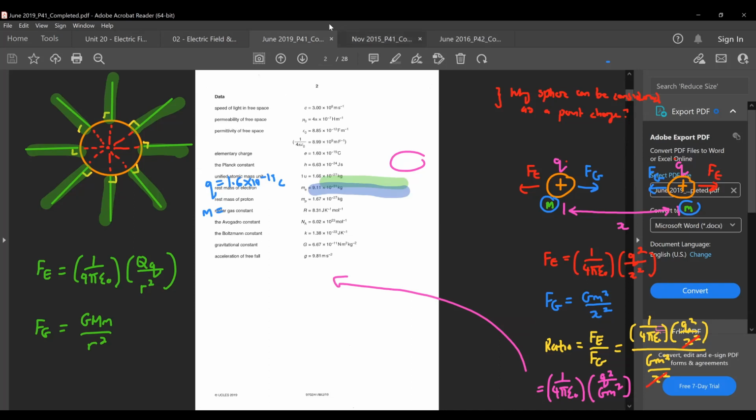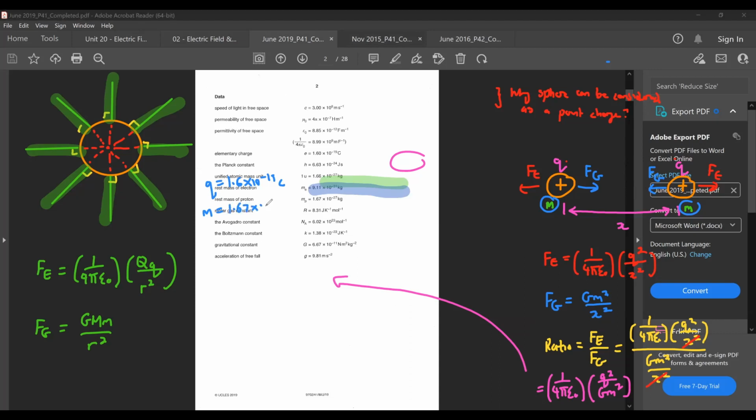It is 1.67 times 10 power minus 27. Then your gravitational constant G, not gravitational acceleration, will be 6.67 times 10 power minus 11.